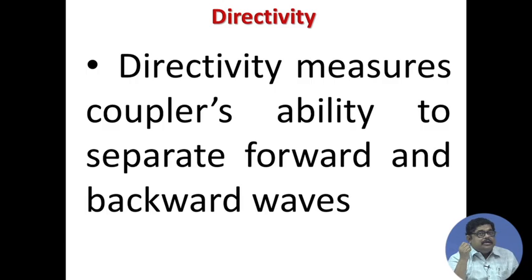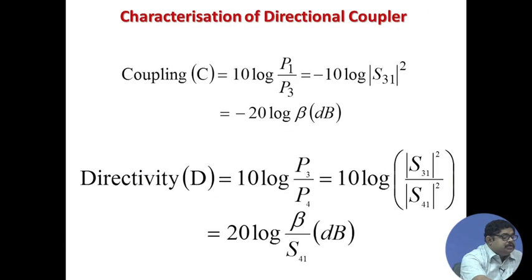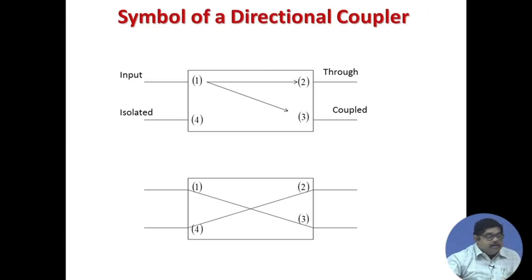As I said, if you go back to this diagram, in this second one it is showing directivity, how much I am going here and how much here. Now, this is the incident wave. So, the incident wave is going to port 3, and whatever is reflected at port 2 is coming here as port 4, and they are getting separated.